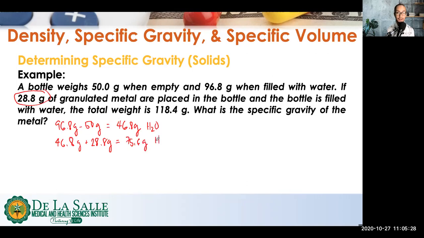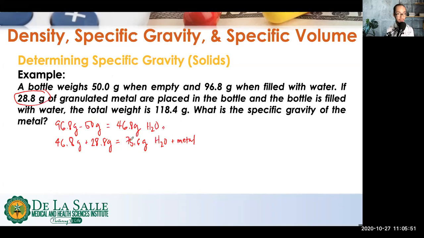This is the combined weight of water and the granulated metal. Take note that this weight of water has a volume that is the same as the volume of the bottle. That is the capacity of the bottle.